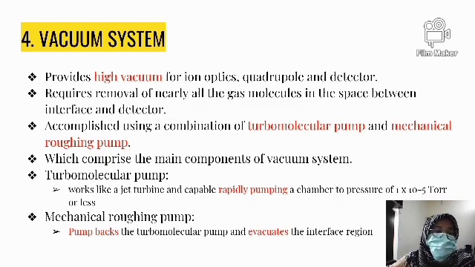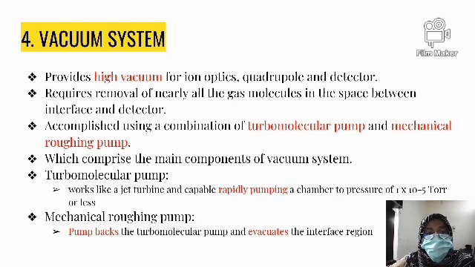The turbomolecular pump works like a jet turbine and is capable of rapidly pumping a chamber to a pressure of 10 to the negative 5 torr or less, while the mechanical roughing pump backs the turbomolecular pump and evacuates the interface region.